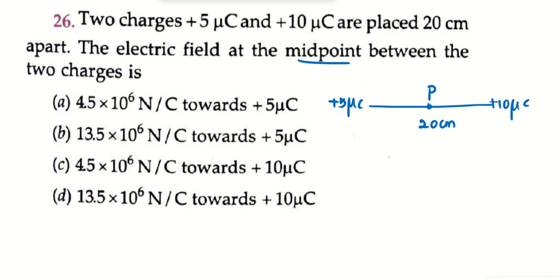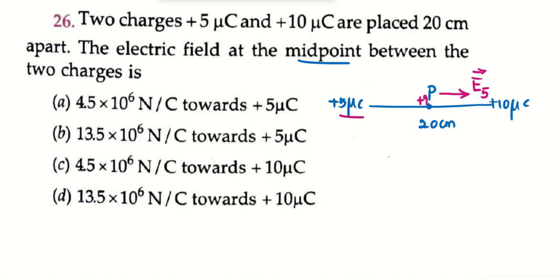At point P, the electric field due to plus 5 microcoulomb will be in this direction, because if you place a unit positive charge here, it's going to repel that test charge, so it should be along this direction.